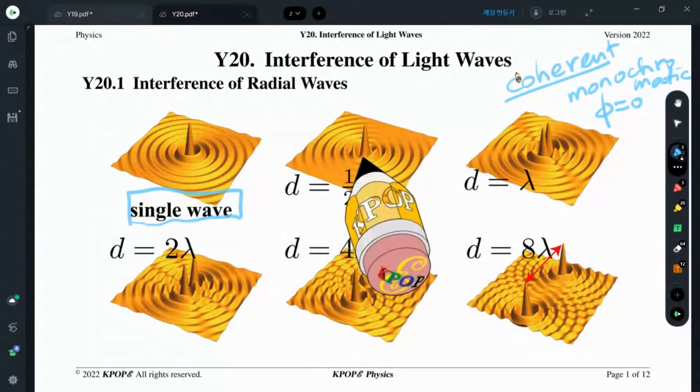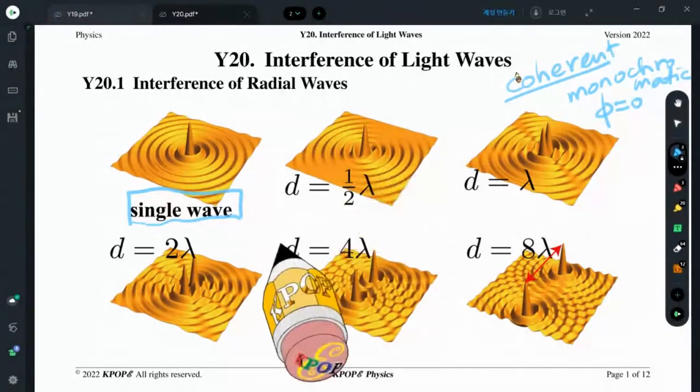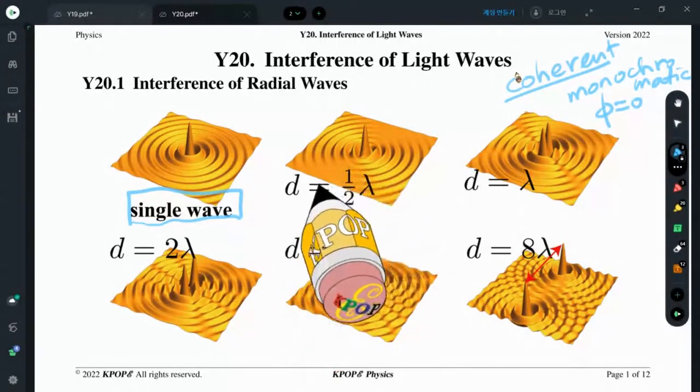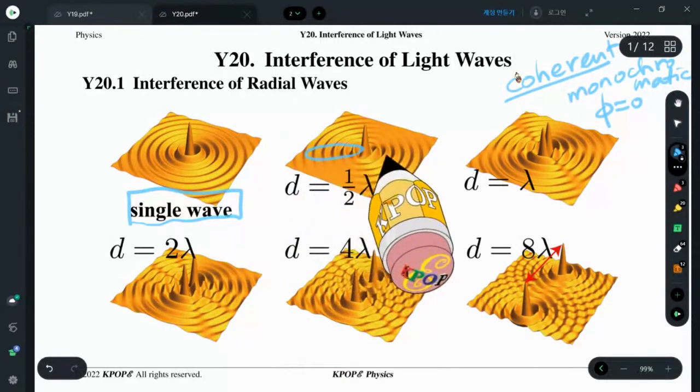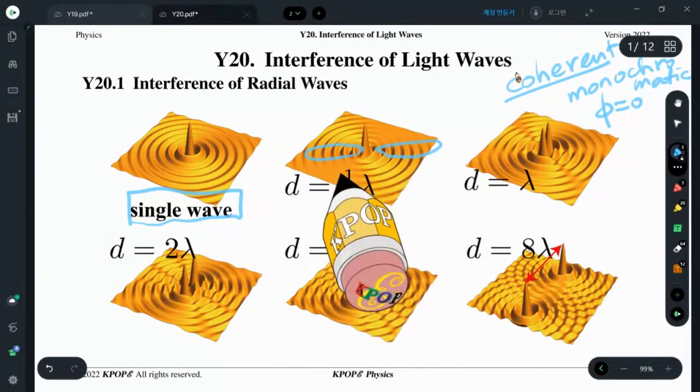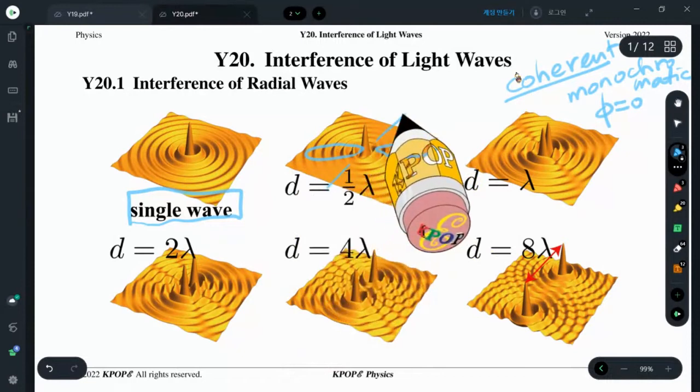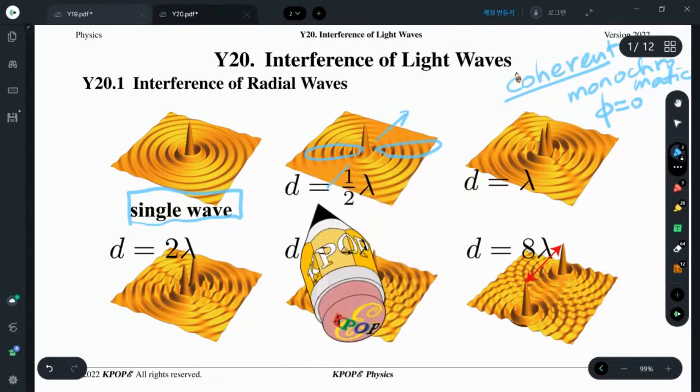We cannot distinguish where they are. However, we can find the amplitude is maximum in here, but in here, amplitude decays.